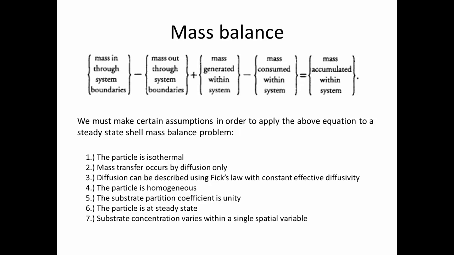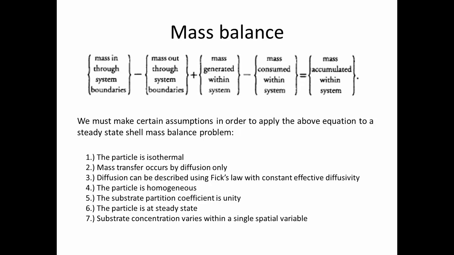Mass transfer will occur by diffusion only. It's not occurring by convection, so only by diffusion of the substrate through the particle or the polymer or what have you itself. And diffusion can be described using Fick's law, which we've talked about at length, with what is known as a constant effective diffusivity.